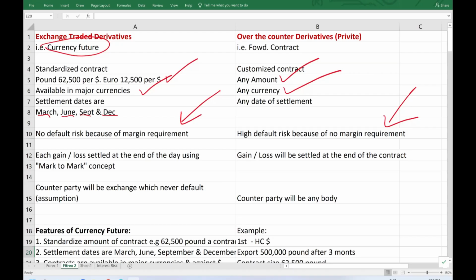Why? Because for a currency future, you have to make an account with the forex market. When you make an account, you need to deposit an initial margin amount, and you must maintain this initial margin. When you make the contract, if it's a loss, it will be deducted from your margin account.